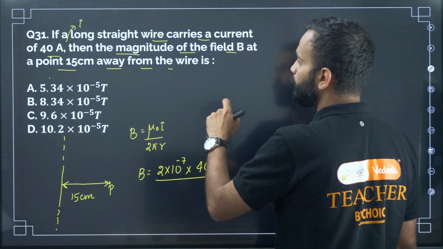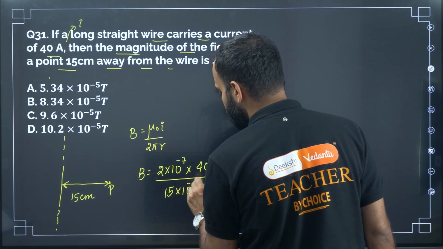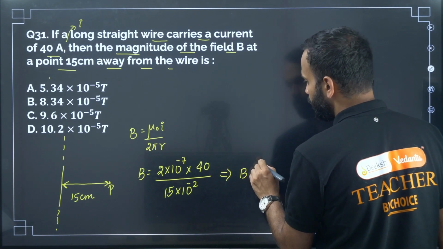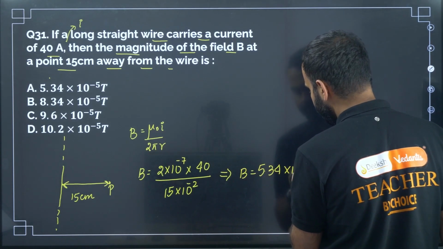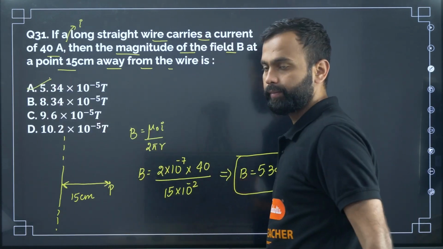R is 15 centimeter, that is 15 into 10 to the power minus 2 meter. So now solve this. You will get B equal to 5.34 into 10 to the power minus 5 Tesla. So the correct option is A.